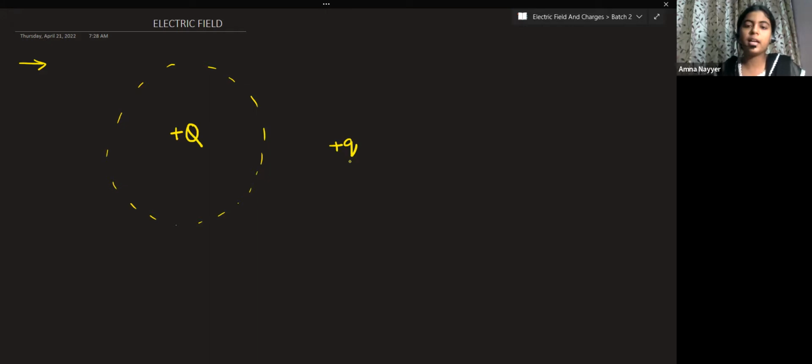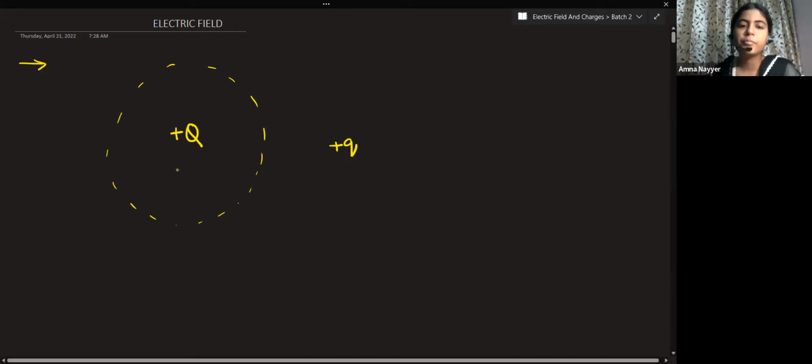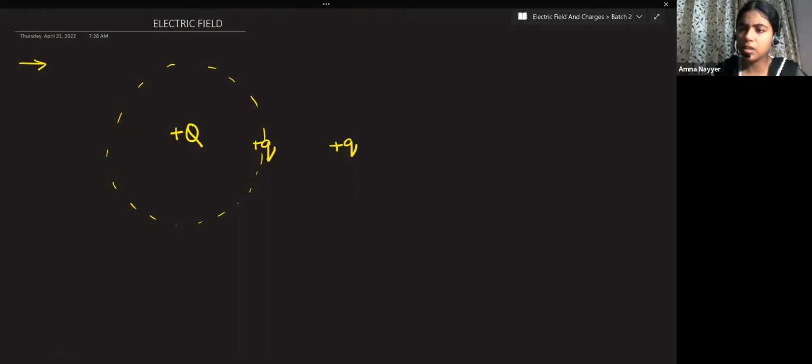So if I bring a small plus q charge at a certain distance from this plus Q, I'll be able to feel this force of repulsion because both of these are positive. So plus capital Q and plus small q will now repel each other, because these are like charges and like charges repel each other.